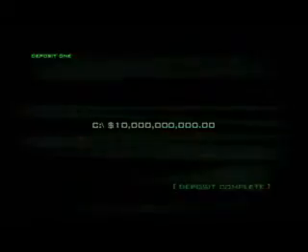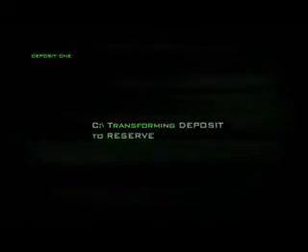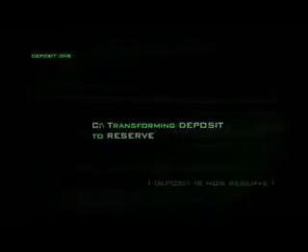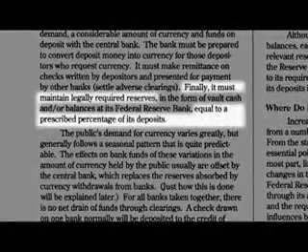For, based on the fractional reserve practice, that $10 billion deposit instantly becomes part of the bank's reserves, just as all deposits do. And regarding reserve requirements, as stated in Modern Money Mechanics, a bank must maintain legally required reserves equal to a prescribed percentage of its deposits.